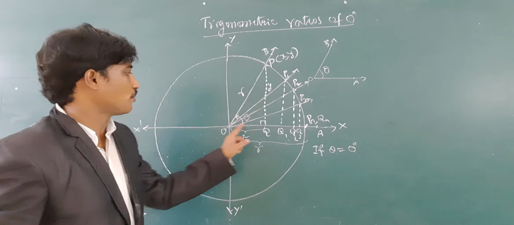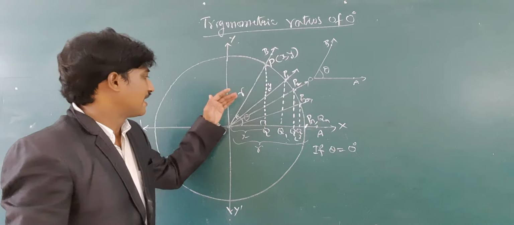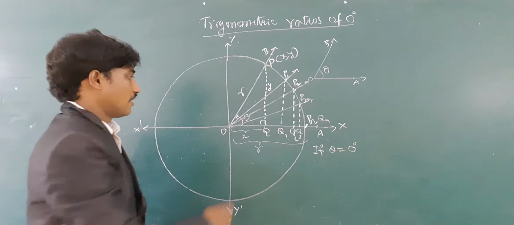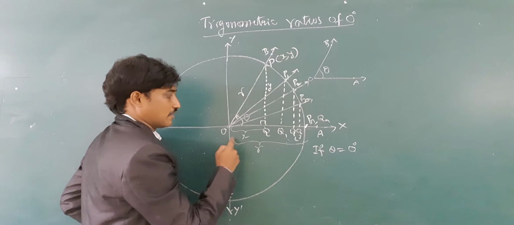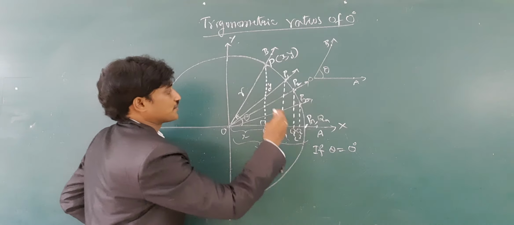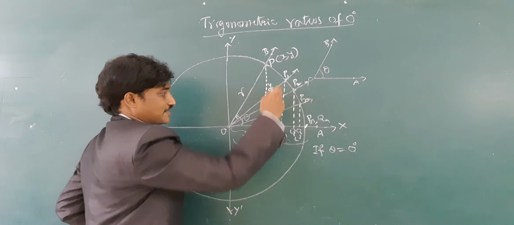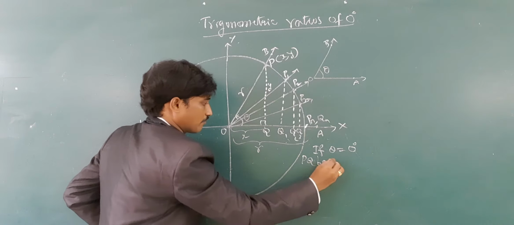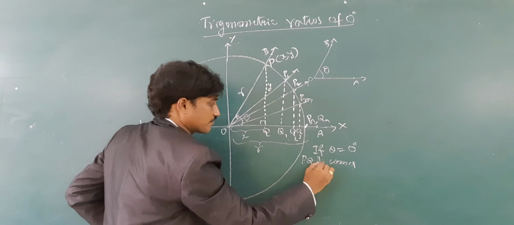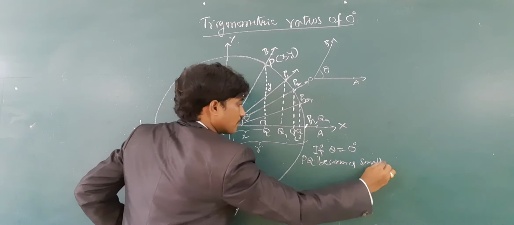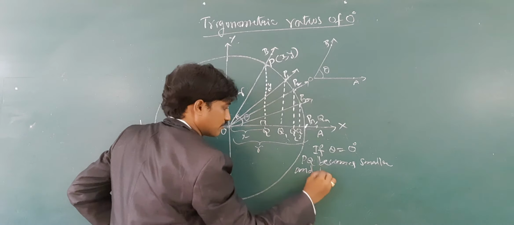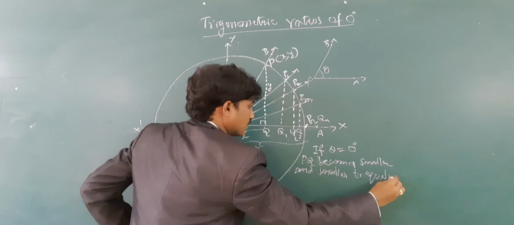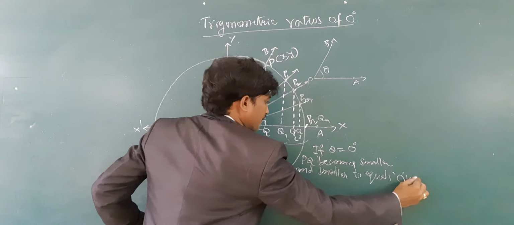So OQ becomes R when theta equals 0. If theta equals 0, OQ becomes R, and PQ gets lesser, becoming smaller and smaller, to equal 0 units.